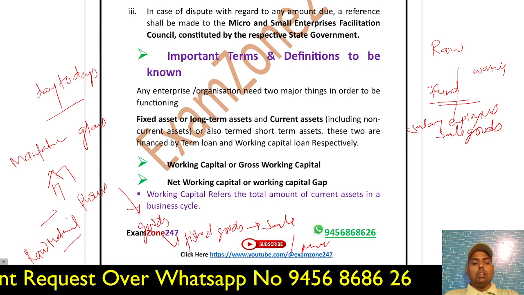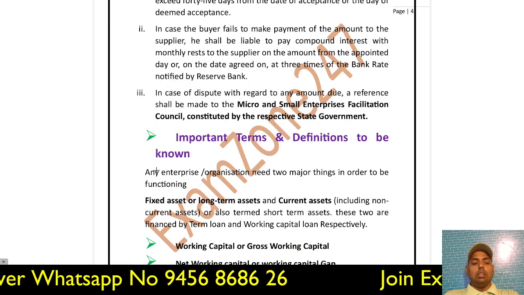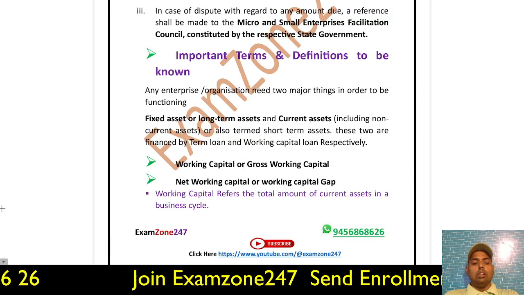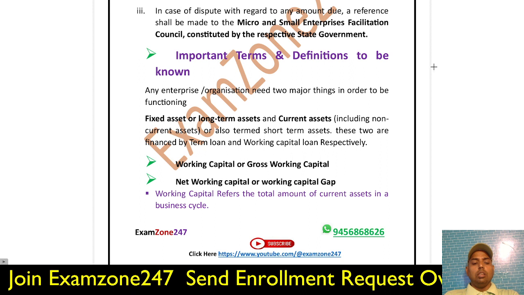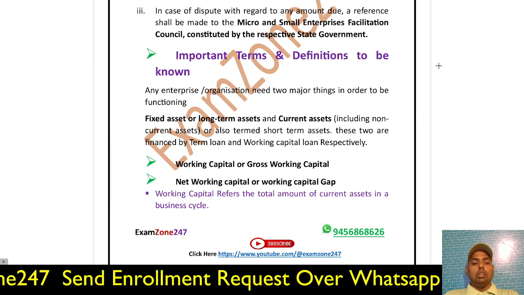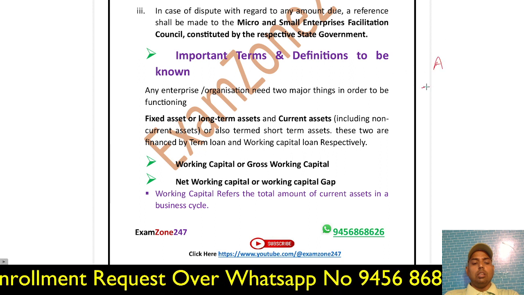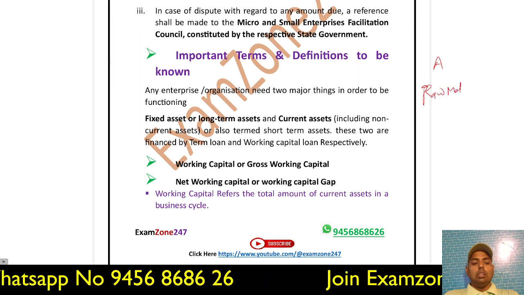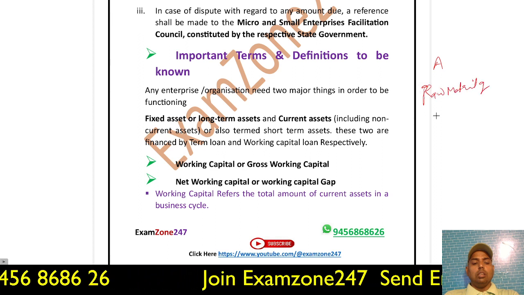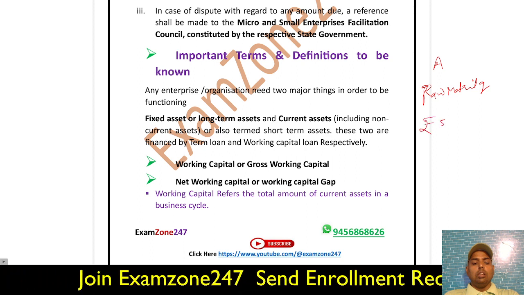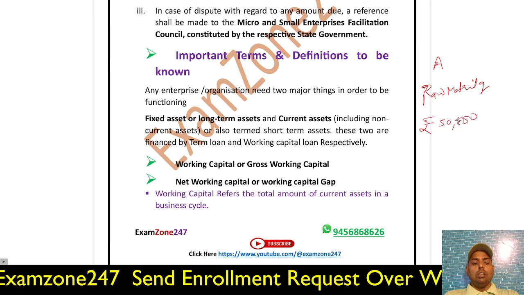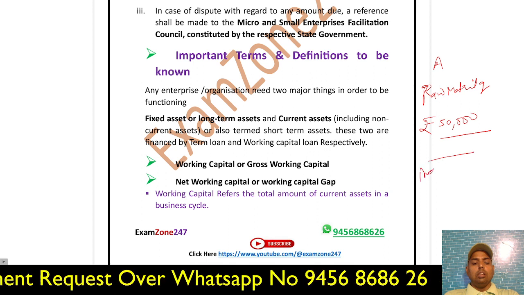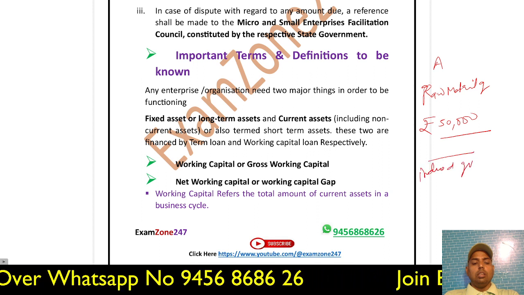Now, suppose firm A has purchased raw material of rupees 50,000 and produced it all into goods.